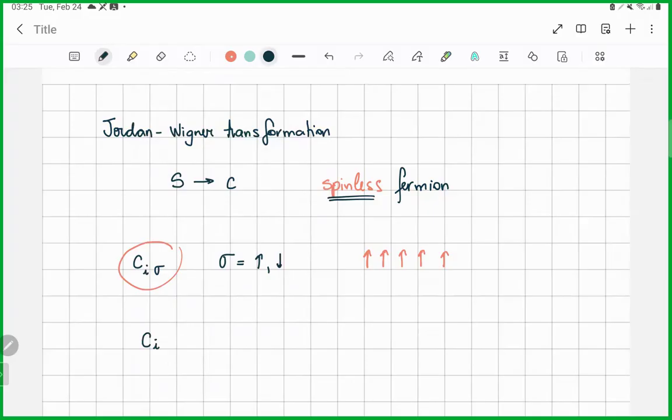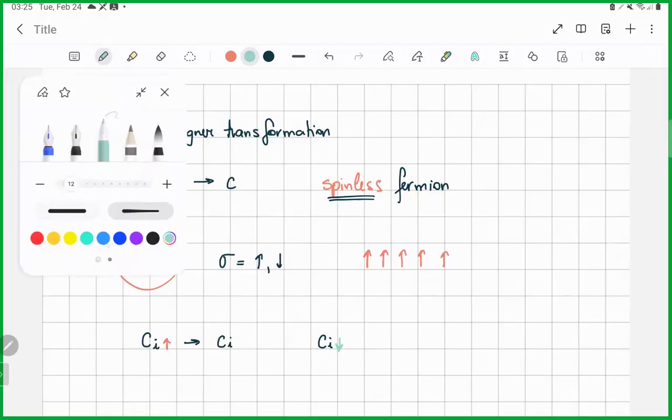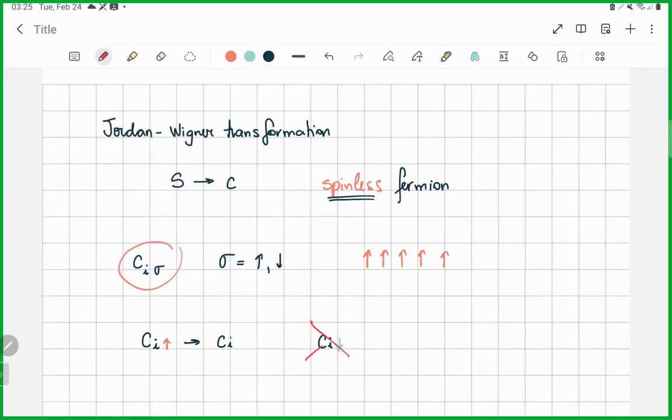So what we are saying here is that the Ci with this spin, we are just calling it Ci, while the other one, since there are no fermions with this other state for the spin, since we have this extremely strong magnetic field, we can just say that this one does not exist. Okay, so now we are going to be dealing with this operator.